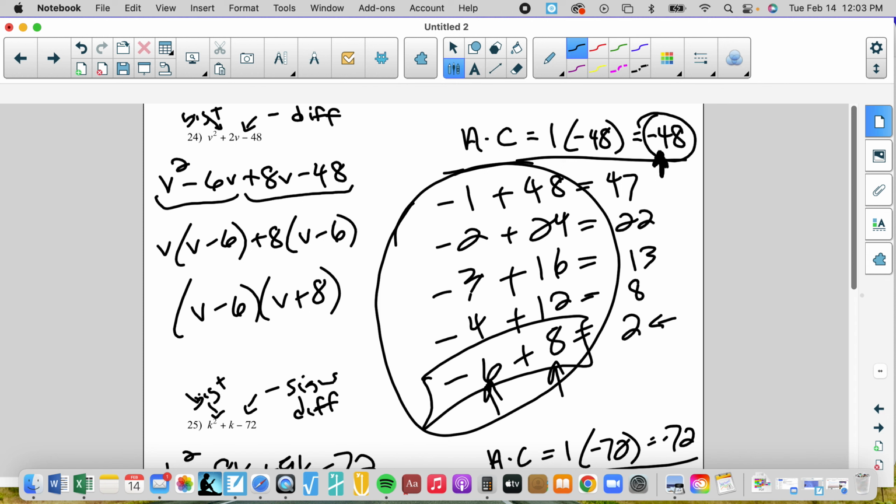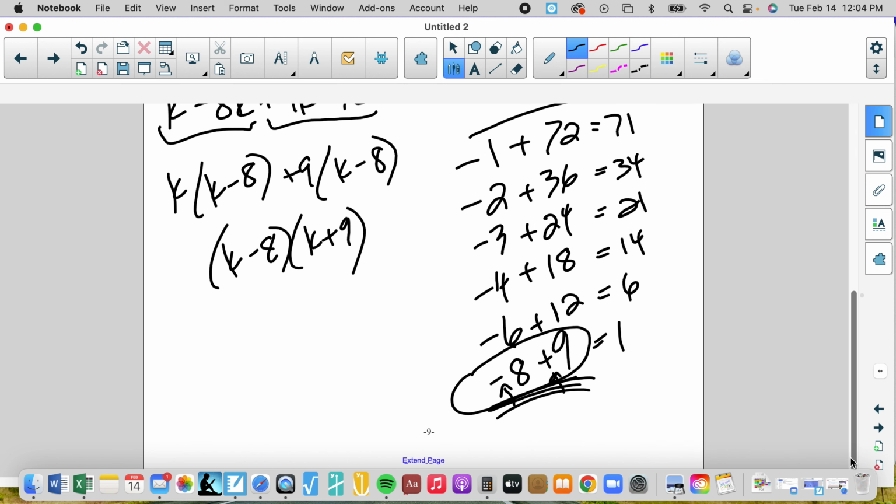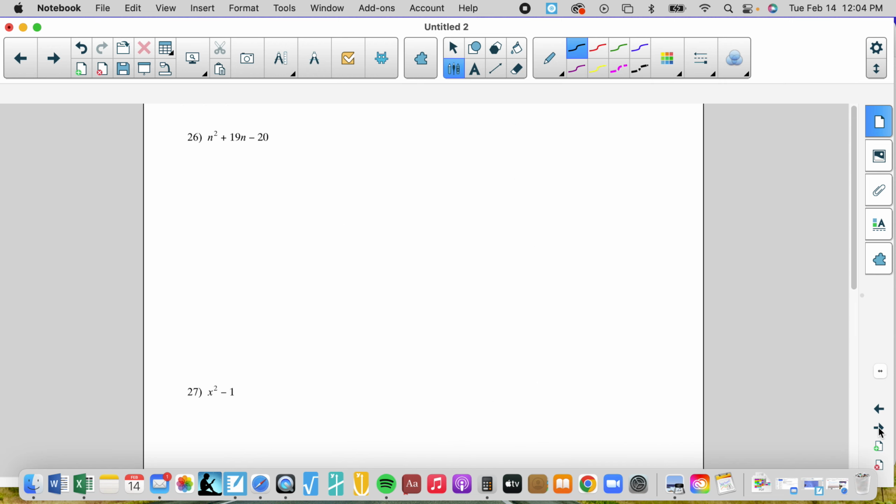But since we haven't done it where a isn't 1, you'll then notice that it won't be these two numbers, that they'll be a little bit different. But when your coefficient is 1, yes, these are the numbers inside your binomials. That only works when a is 1, as another shortcut, shall we say.